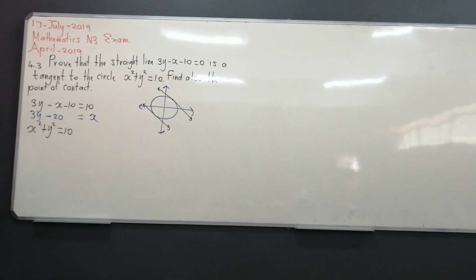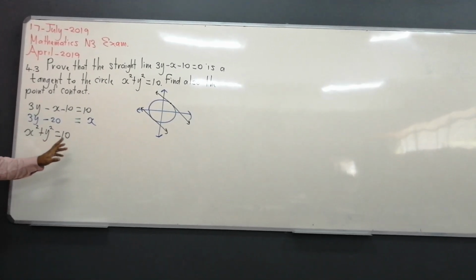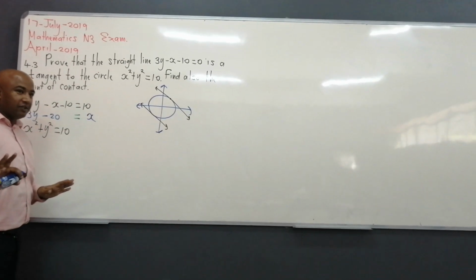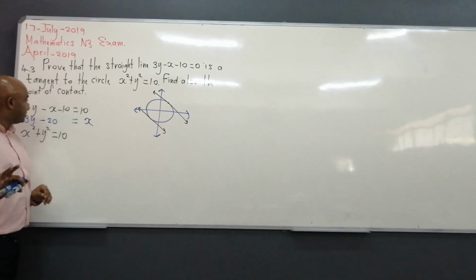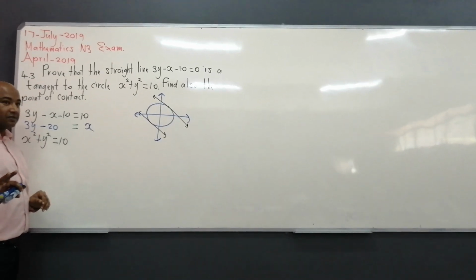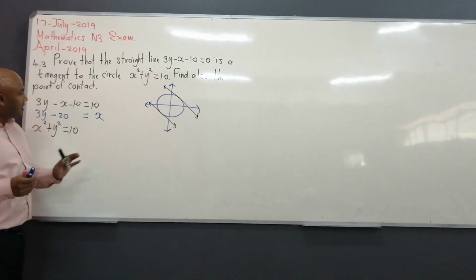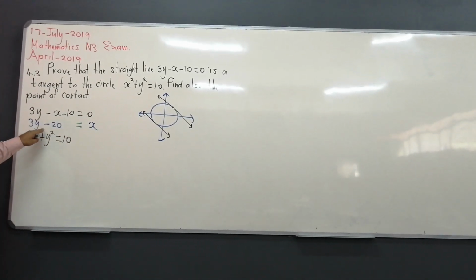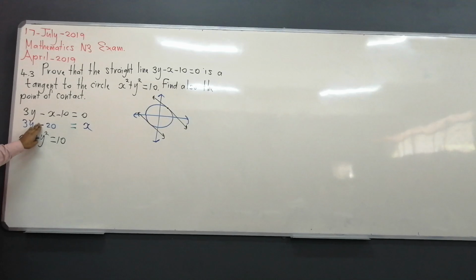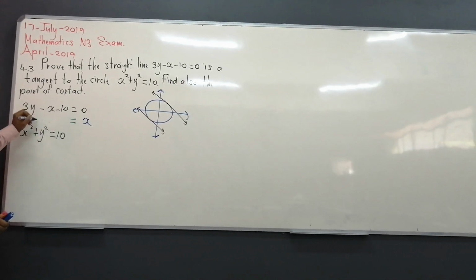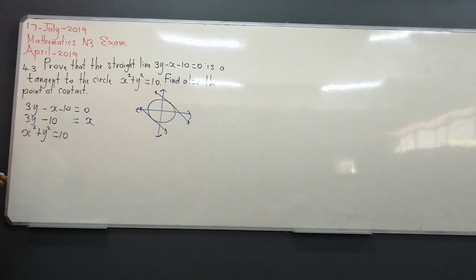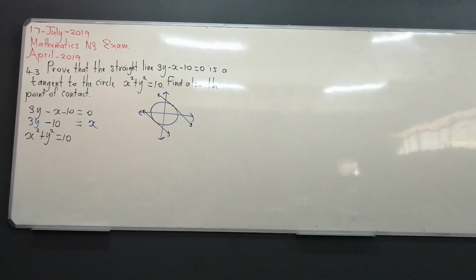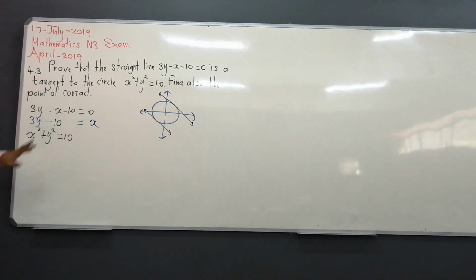Okay. So 0. Okay, let's hold on there. How is it 0? So it's y minus x minus 10 is equal to 0. Oh, sorry. My mistake. It's a 0. Yes. So that's just 3y minus 10. Yeah, I wrote down. So now x is equal to 3y minus 10.